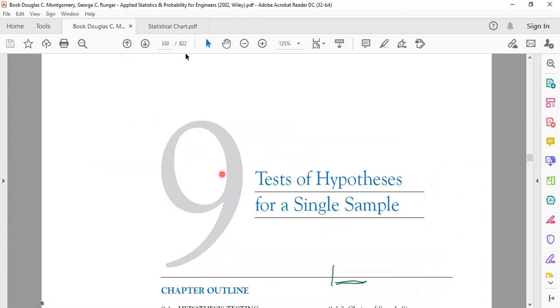This chapter 9 that I'm suggesting all of you study, you can download this book and go through this particular chapter, and there you will find the detailed discussion of level of significance and p-value. So I suggest you download the book and read this chapter by yourself.